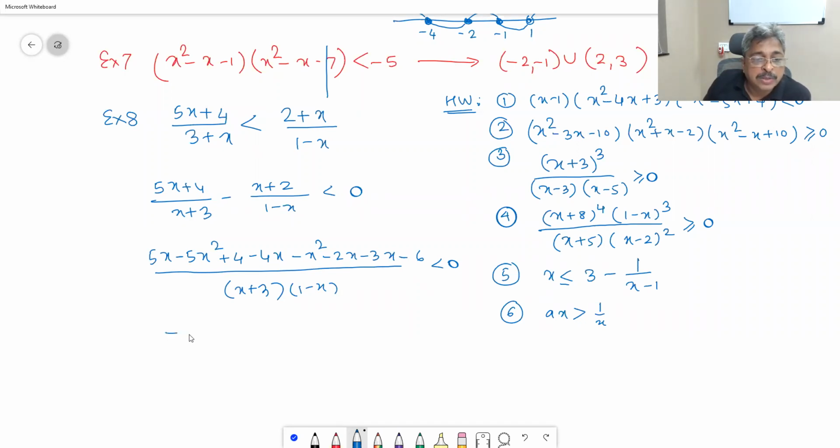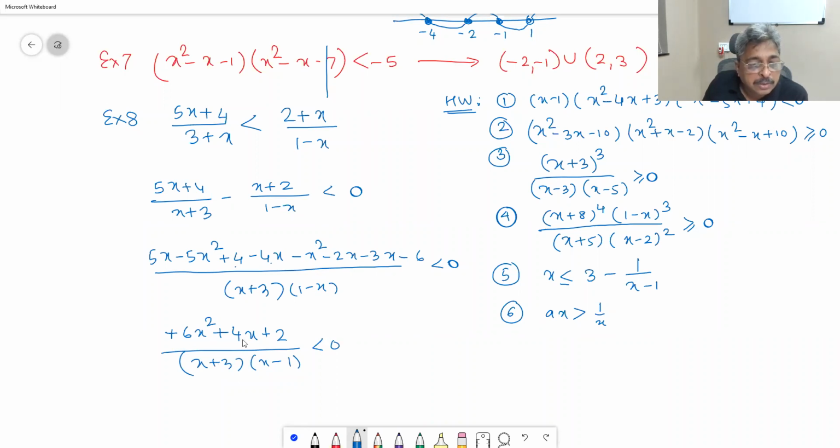So minus 6x square minus 8... minus 4x minus 2. So now if I make everything plus, divided by (x plus 3)(x minus 1) is less than 0.